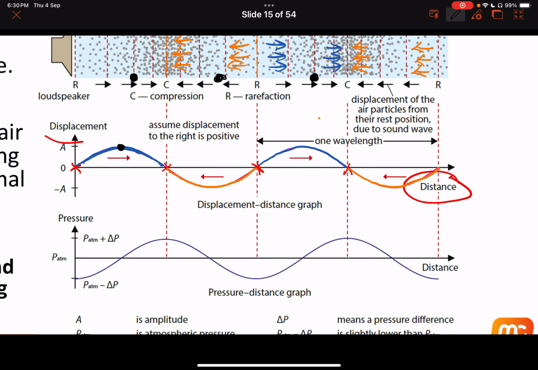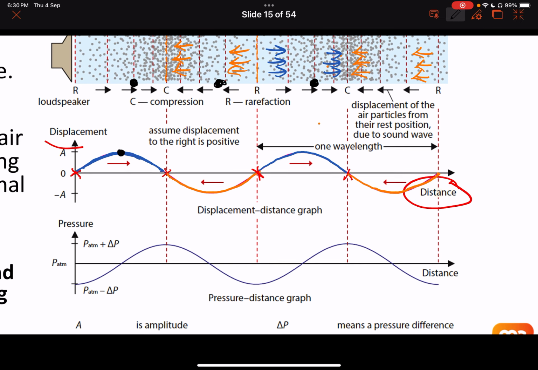So now, when we talk about displacement distance graph, take note, we can always read off the wavelength, but never the period, because there's no time scale in this. With just a snapshot, I cannot tell how long it travels.